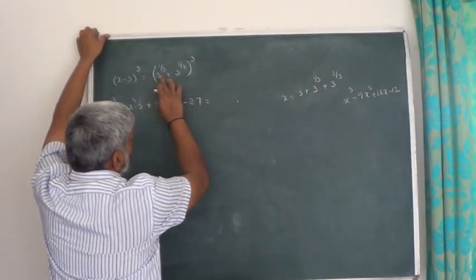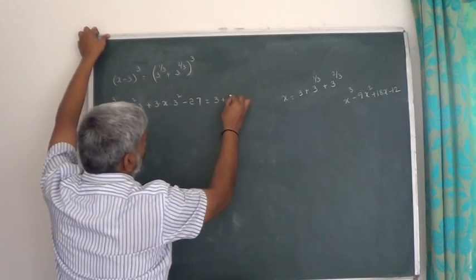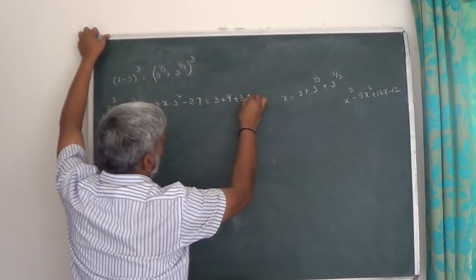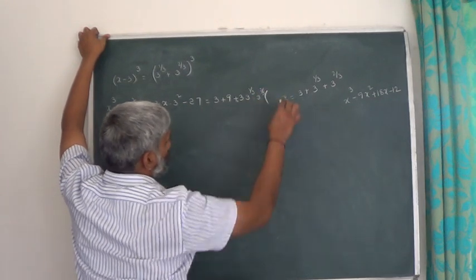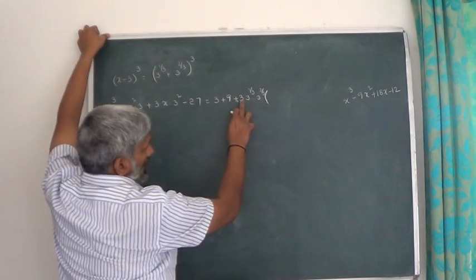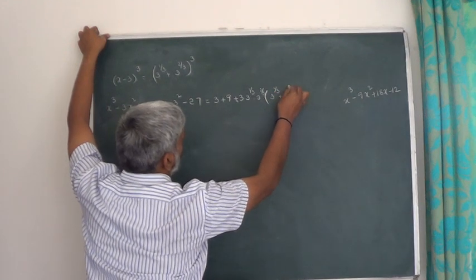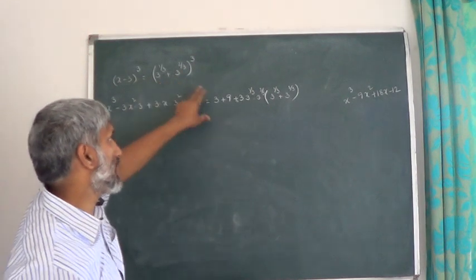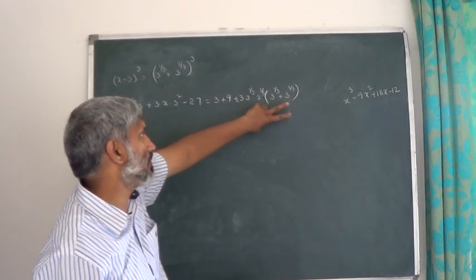Here also a plus b whole cube, a cube plus b cube, that is 9, plus 3ab into a plus b, 3 power 1 by 3 plus 3 power 2 by 3. A plus b whole cube formula I applied: a cube plus b cube plus 3ab into a plus b.